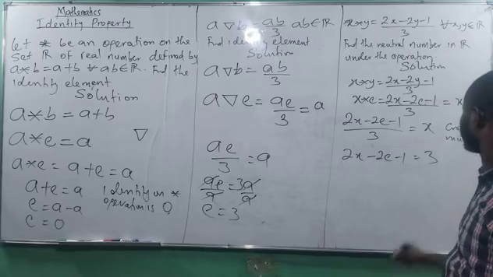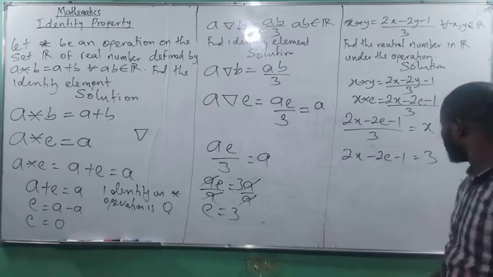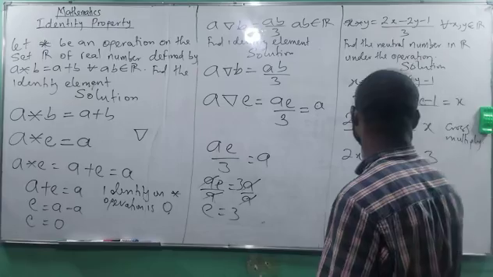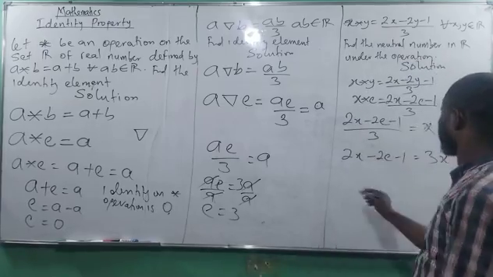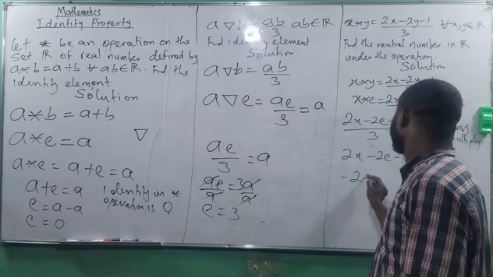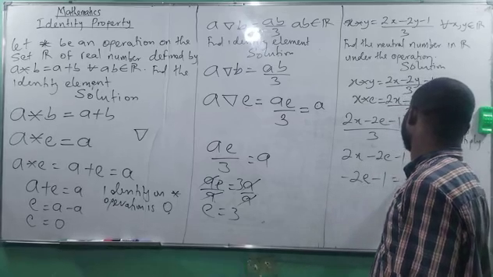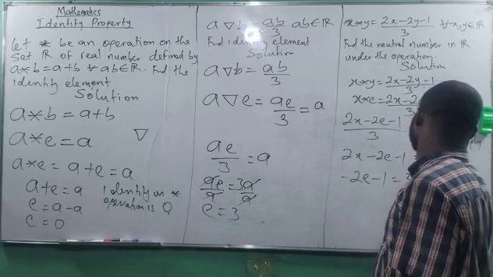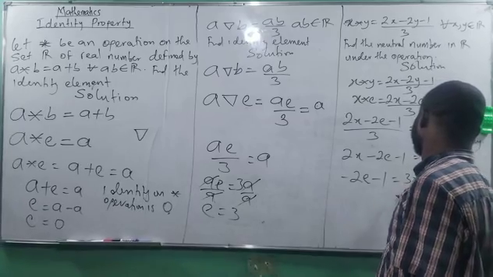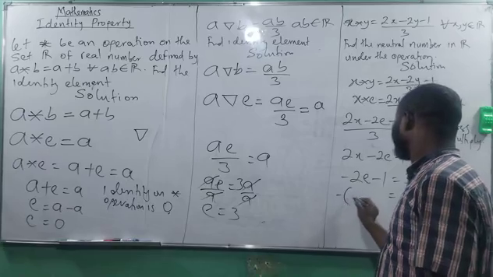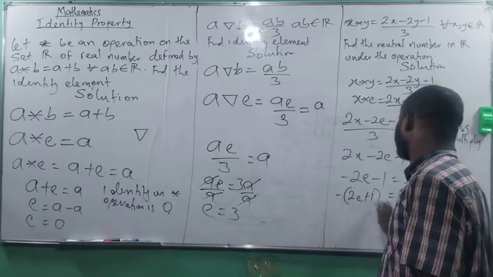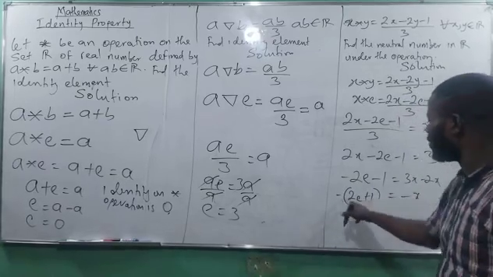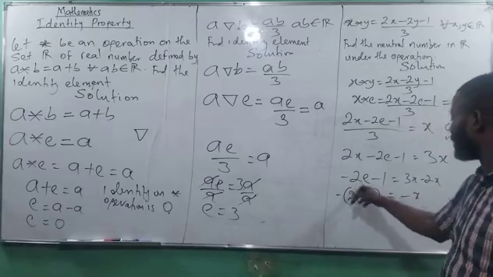Okay, for me to move on, I want to collect like terms. Now, I have minus 2E minus 1 equals 3X minus 2X, which is X, equals minus bracket of 2E plus 1. If I open the bracket back, I'll come back to where I am coming from.